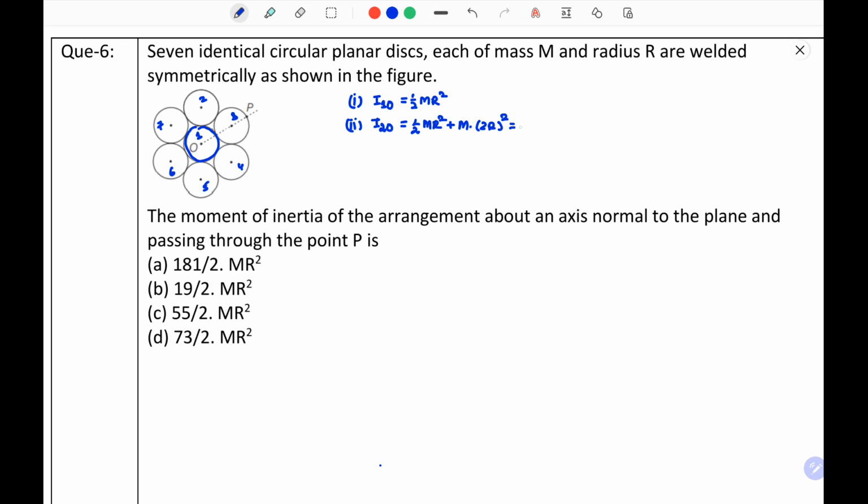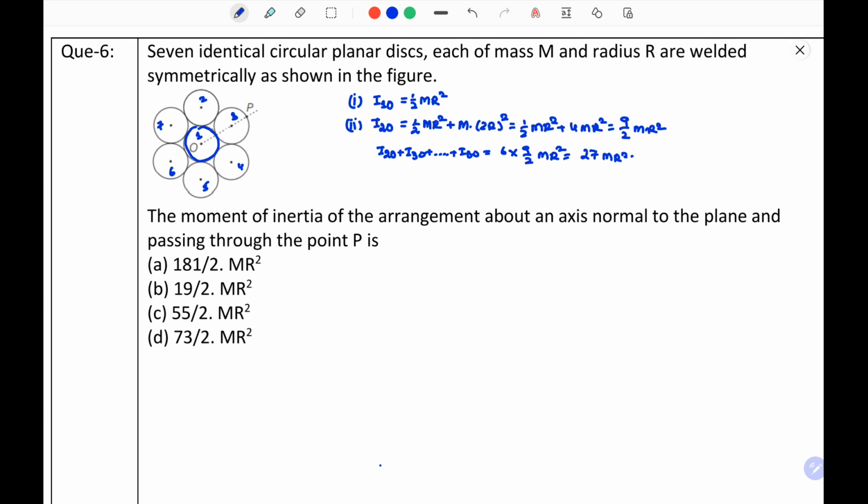Hence, we can write that is half mr square plus 4 mr square, that is equal to 9 by 2 mr square. Because the arrangement is symmetrical and there are 6 disks around the disk 1, therefore the moment of inertia of I20 plus I30 plus and so on to I60 will be equal to 6 times 9 by 2 mr square, that is equal to 27 mr square.